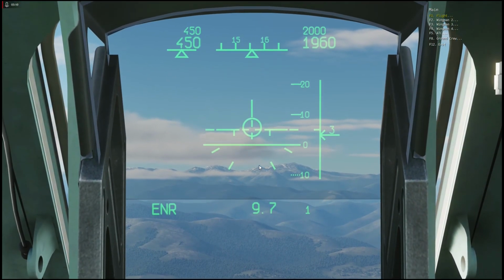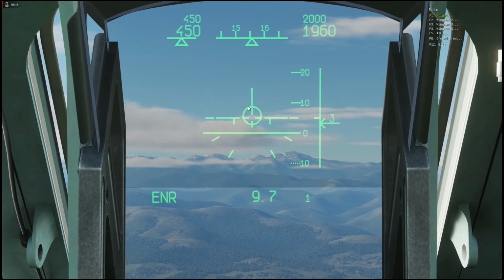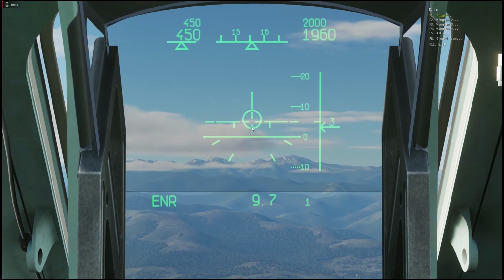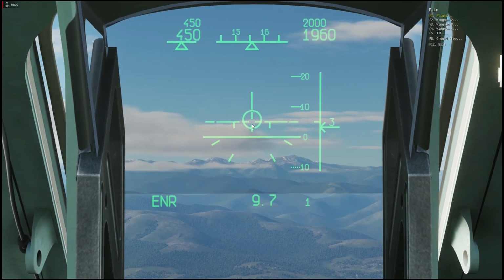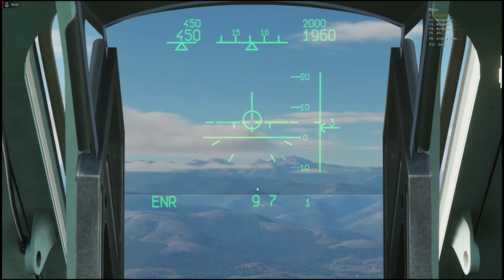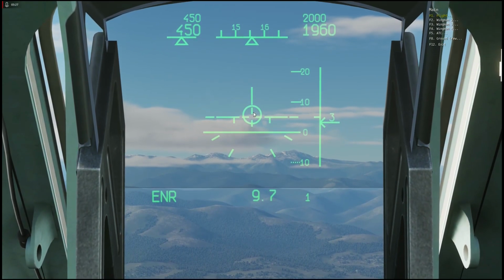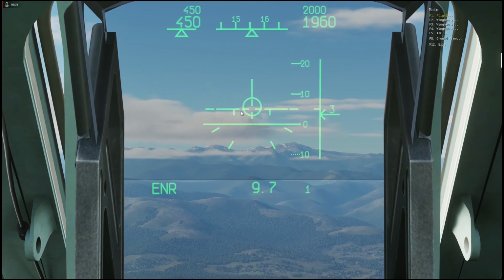One more thing in the HUD is that you have this circle here. This circle is considered a flight director. It tells you where to go to be at the desired altitude and desired heading. This cross you have here is the center of your aircraft.